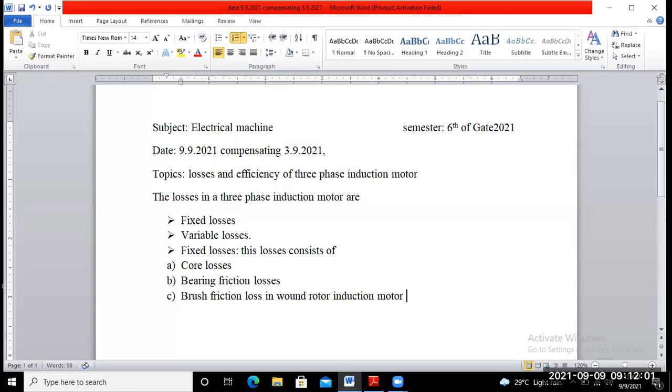You may write it in short terms, that means slip-ring rotor induction motor only. One is your slip-ring rotor, another is your squirrel cage type. The two types of induction motor are classified on the basis of construction of the rotor. And next is your winding losses.